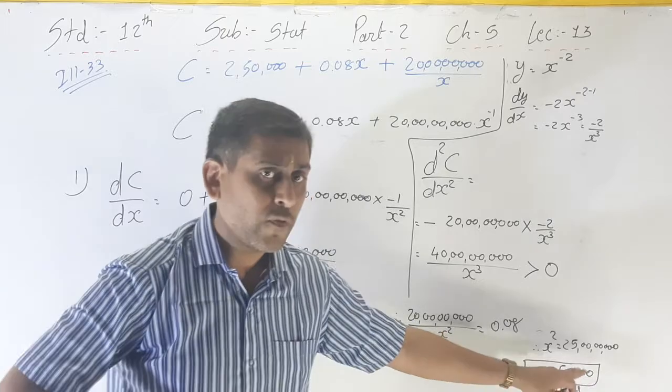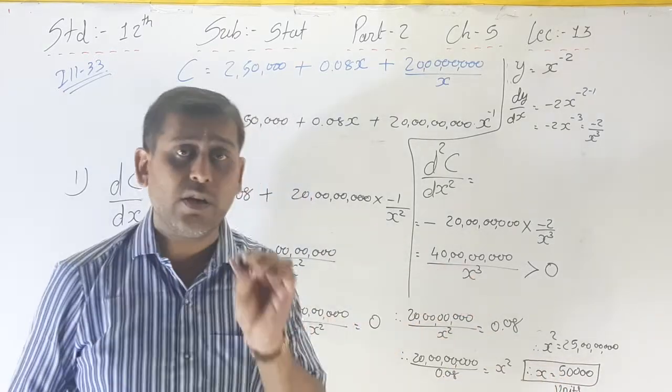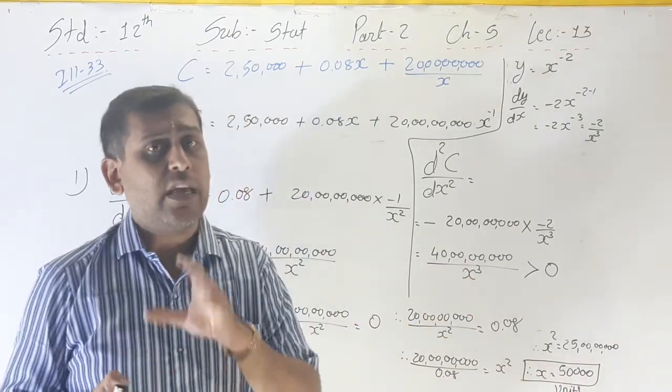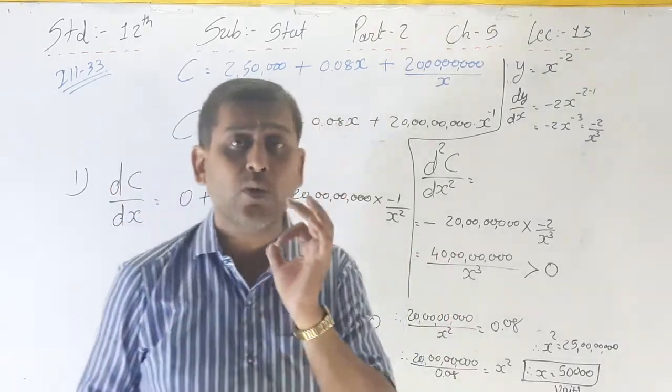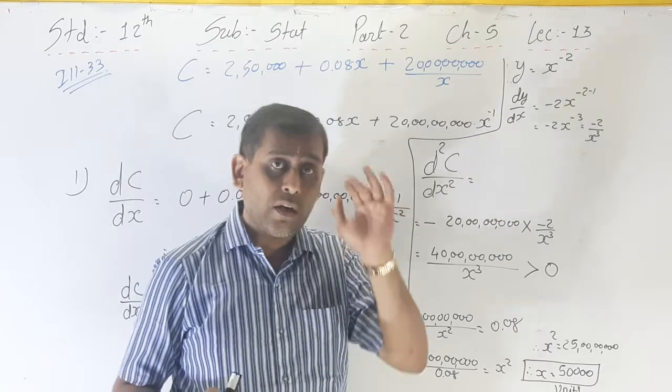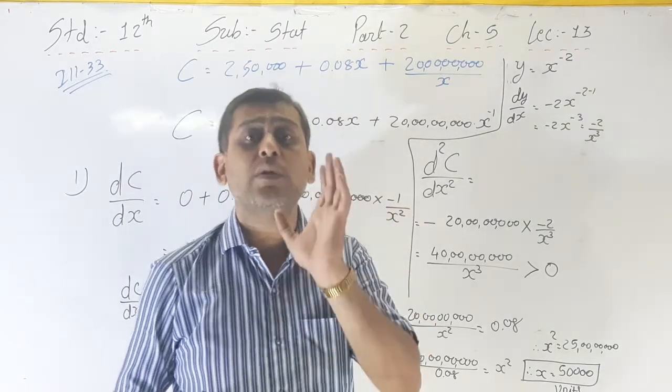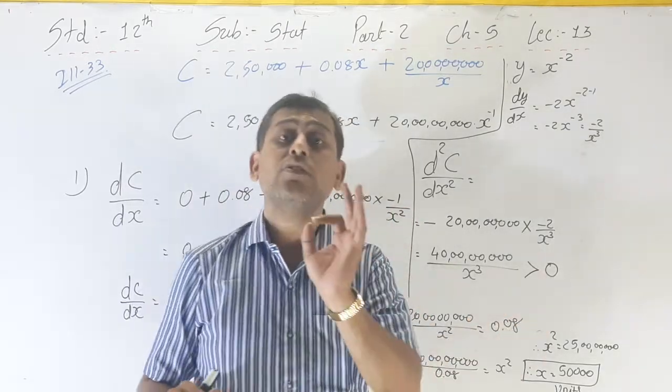We can put 50,000 as x here also, but there is no change, because dividing 40 crore by 50,000 cube, the answer must be positive, which is greater than 0.